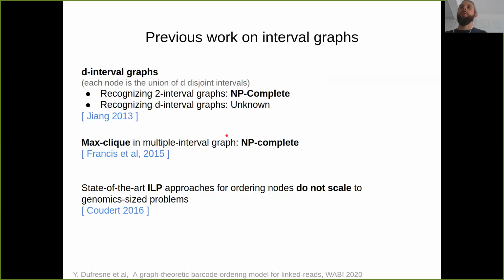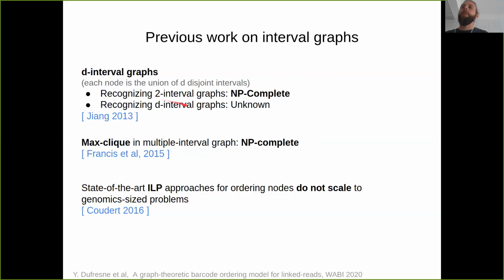Before tackling the problems, I want to go back to some previous results on the computer theory side. The first result is about the interval graph. The interval graph is what you have when you have exactly one molecule in each barcode colliding with the same barcode.